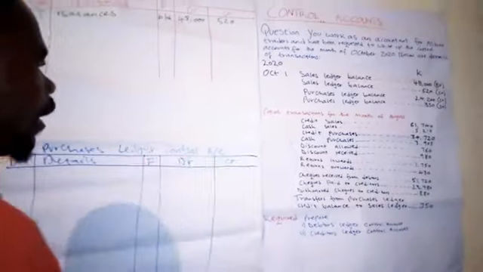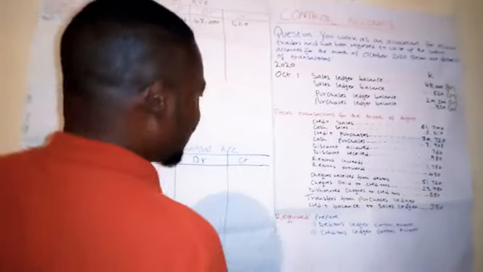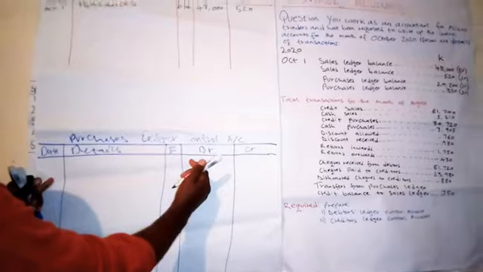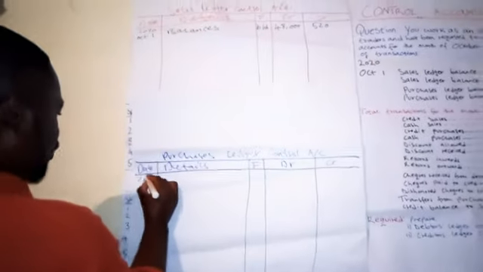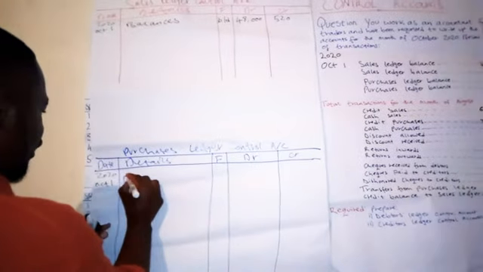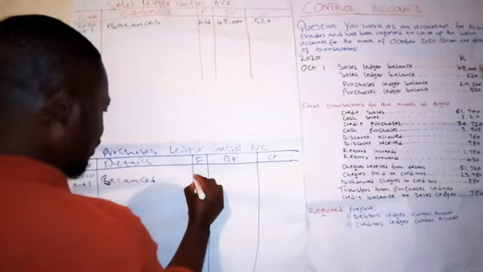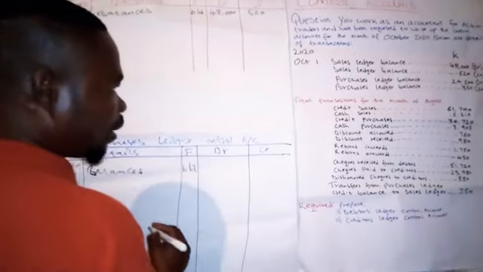Okay. Then the second, from sales, we have the purchases there. So we come to the purchase ledger control account. Same date, 2020 October 1. You also write balances brought down.